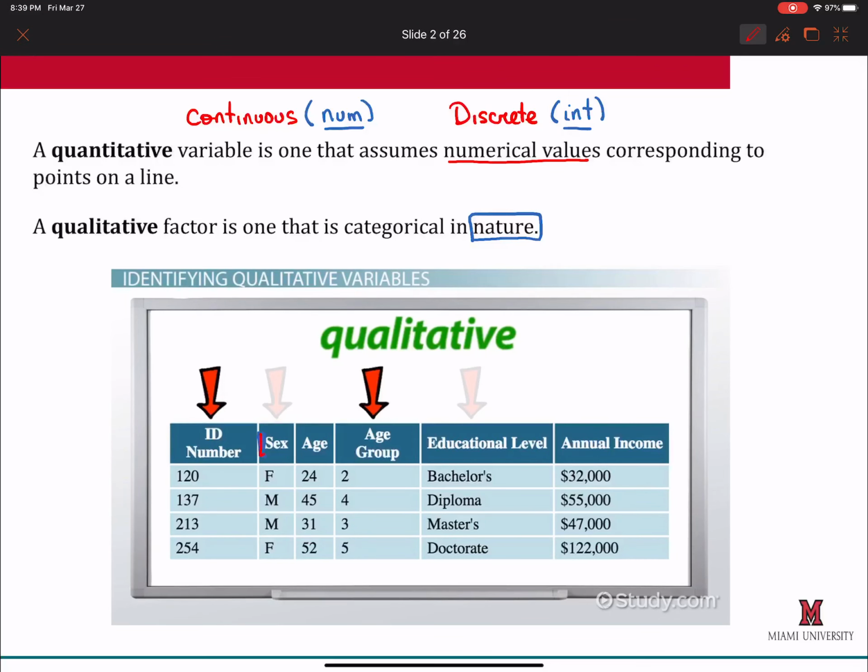And also we know that educational level is a categorical factor, and the main reason why people recognize those as such is because they have characters and classes, and the classes are easily distinguished.